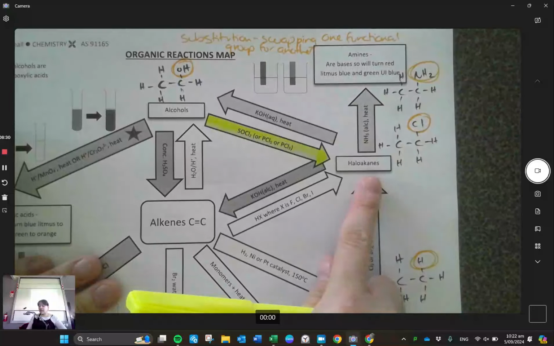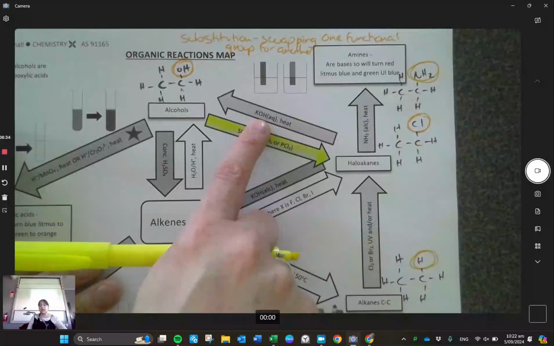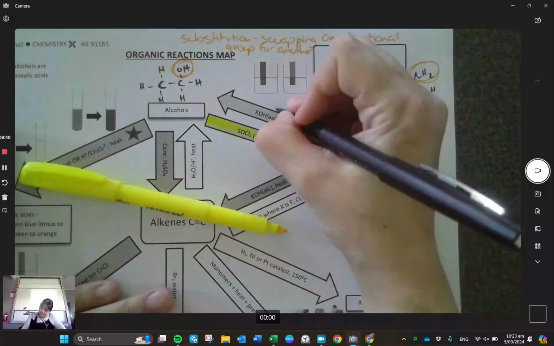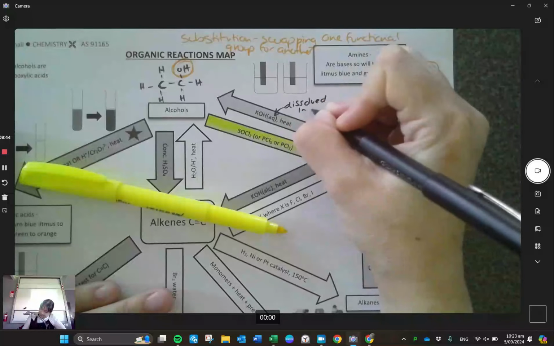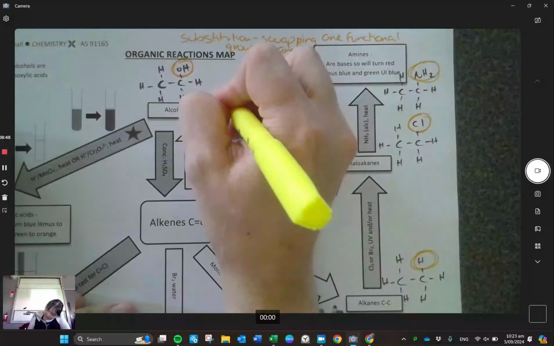I could also go from a haloalkane back to an alcohol. I would need potassium hydroxide, aqueous. That is important. So what that tells me is that it's in water. So that's another substitution reaction.